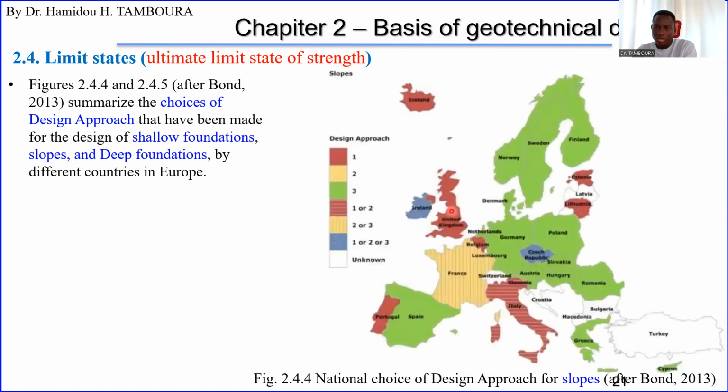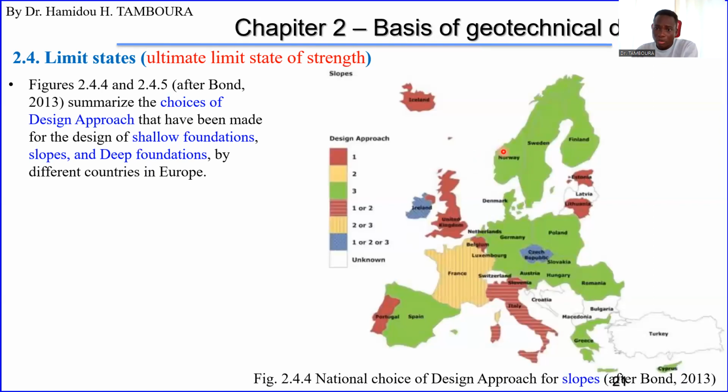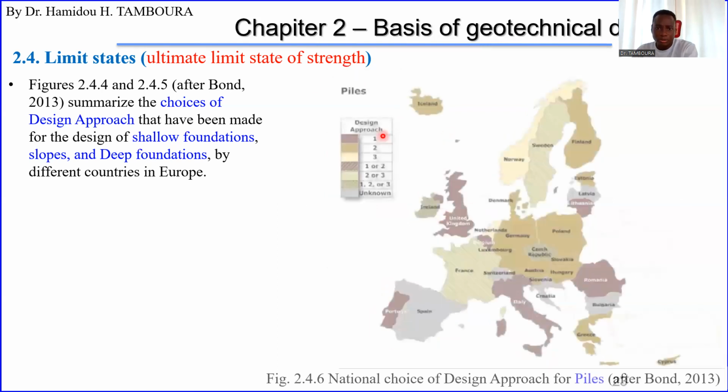If you take Germany, for shallow foundation the color is telling us design approach 2. For slope, the color is green, so they are using design approach 3. You can take the example of any country: Spain, Portugal, Italy, Romania, everywhere. And in the case of deep foundation, each country is also using a different design approach.